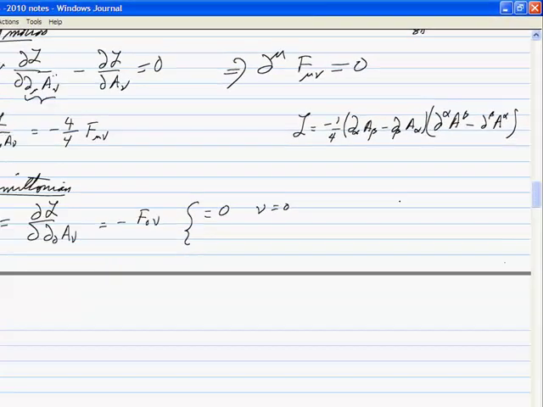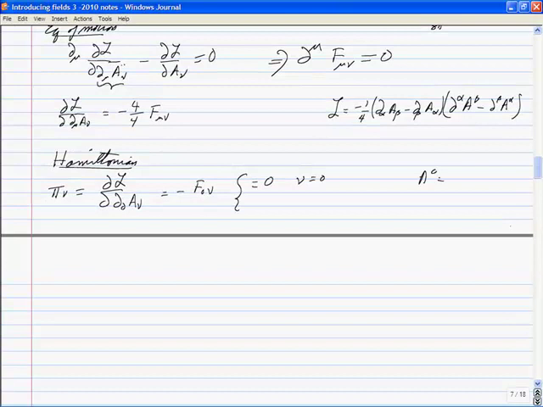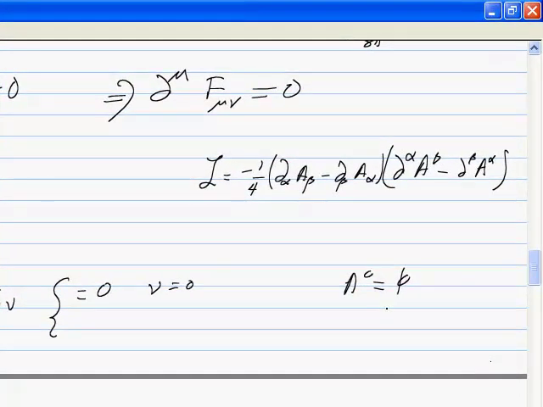That's the field A0, which is equal to the scalar potential. And it's equal to E_i for nu equal to i. Okay?